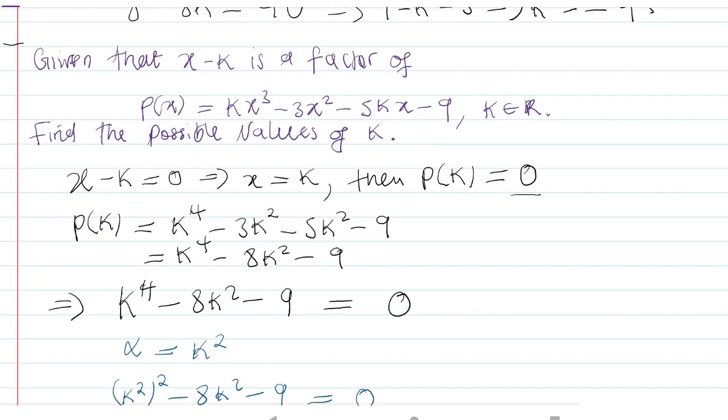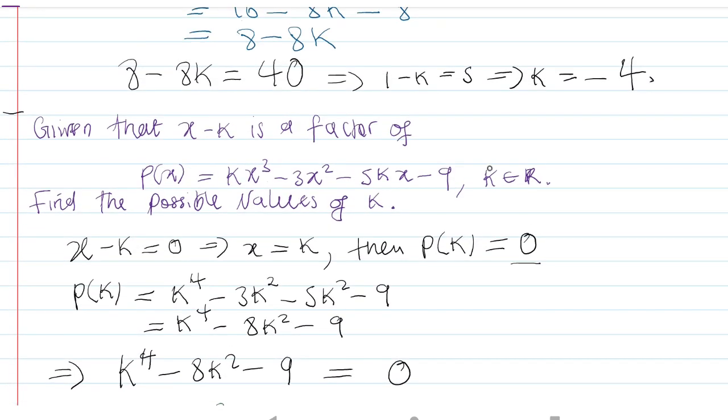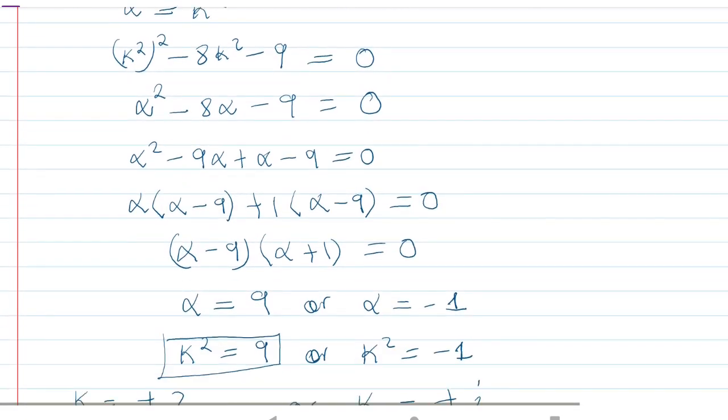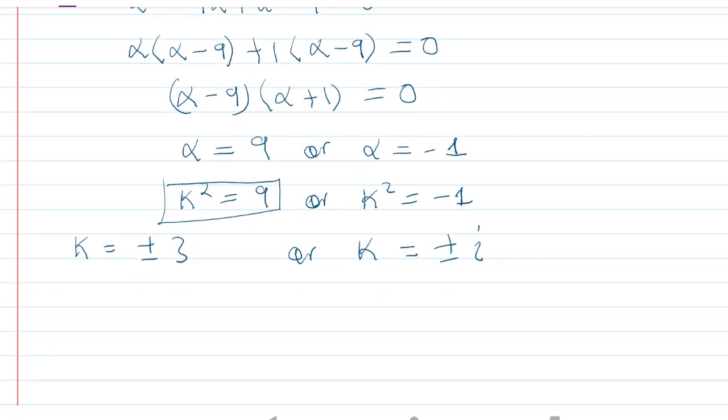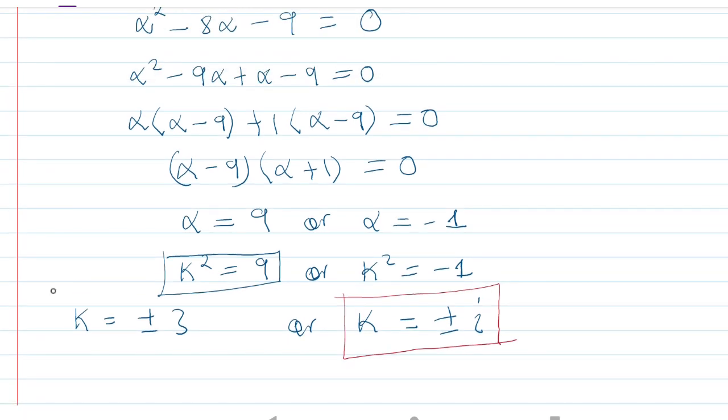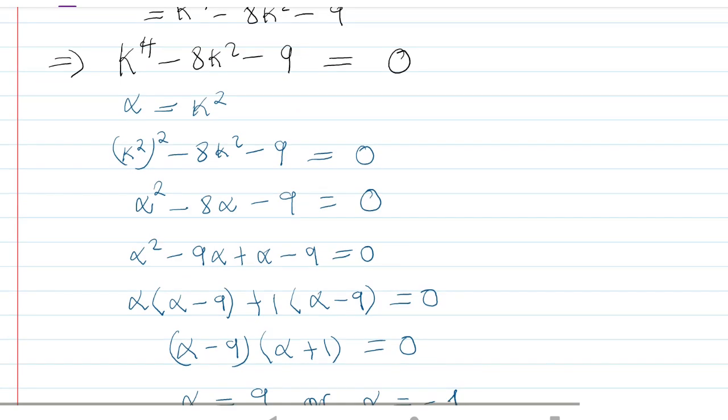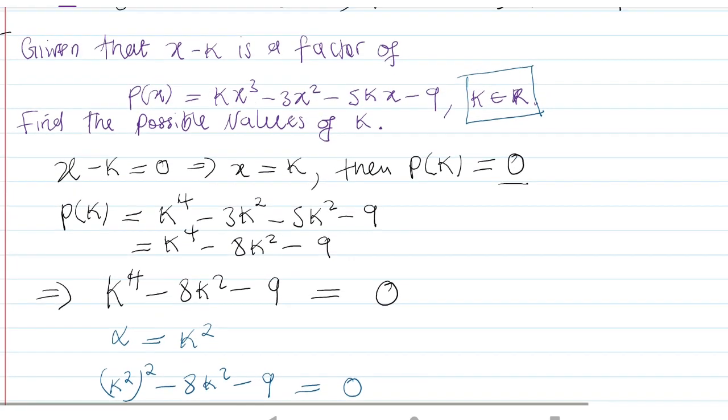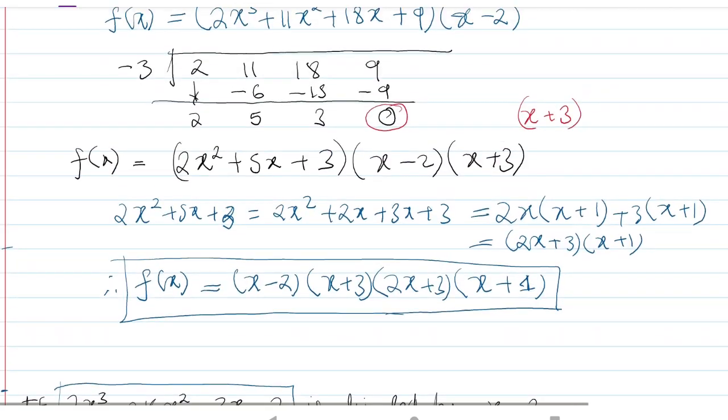But remember, we said our k is a real number here. So plus or minus i will not be a solution in this context, but the solution is k is plus or minus 3. So this is how we solve these questions.